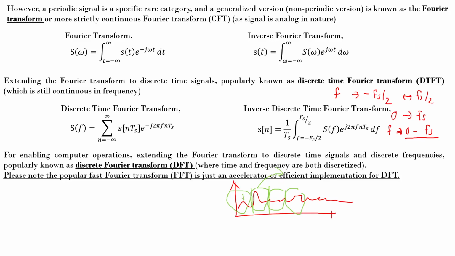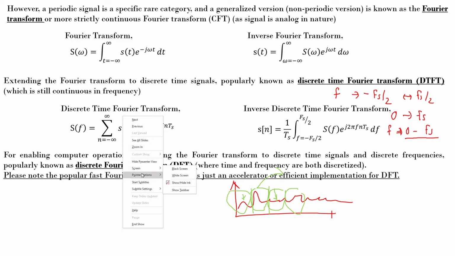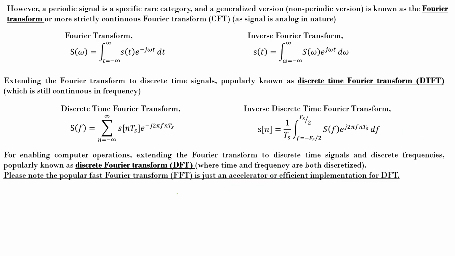So it won't be seeing these variations in the signal. It assumes that this is the signal, just like discretization in time created replicas of the spectrum. Discretization in frequency gives replicas in the time domain also. That's a very important thing. Many people tend to forget about that. So it's very important to have that concept in mind.